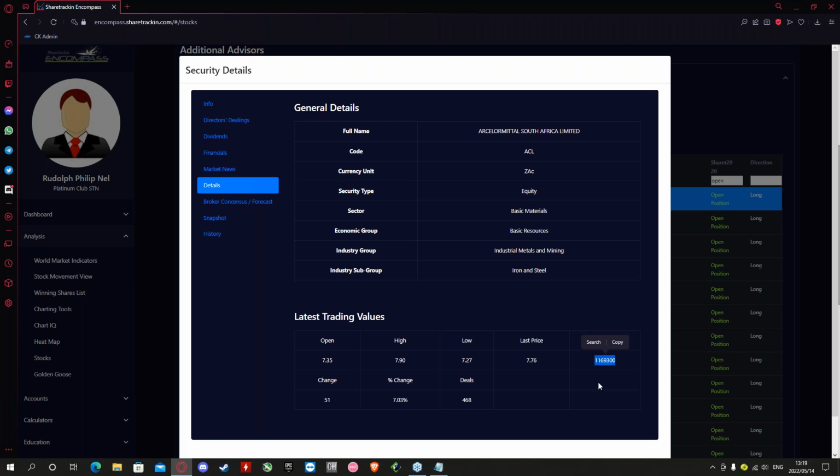All right, so volume is the amount of shares that's been traded. Okay, and deals is the amount of transactions that's been done. A good example of this is if you go to a shop and you buy, let's say, a bread and a milk, that counts as 2 volume. So in your basket you have a volume of 2.